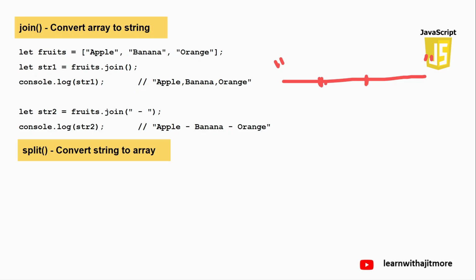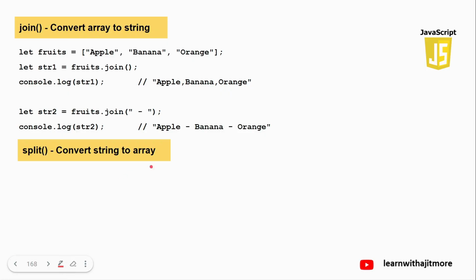So wherever it finds the separator, there it will split it into tokens or chunks and return an array of those chunks. What will it return for the chunks? Array. Okay, so split converts string to array. Actually split is a method of string.